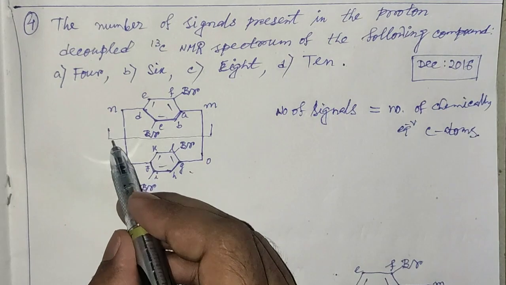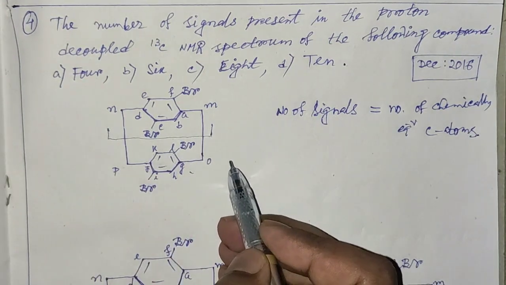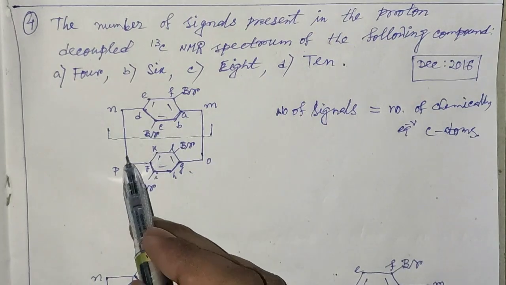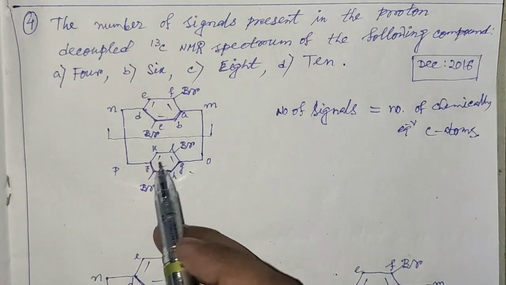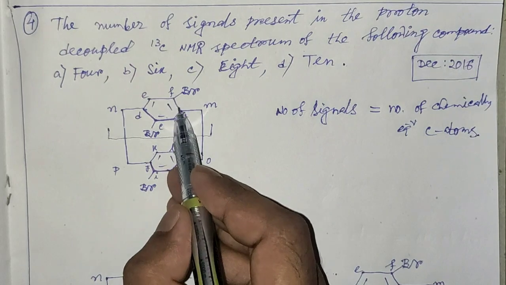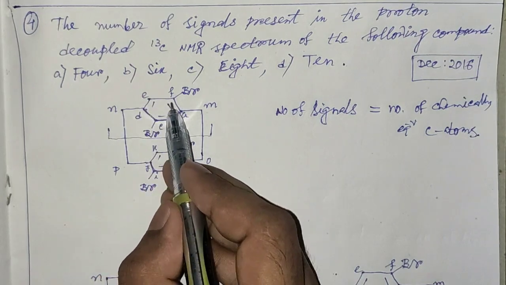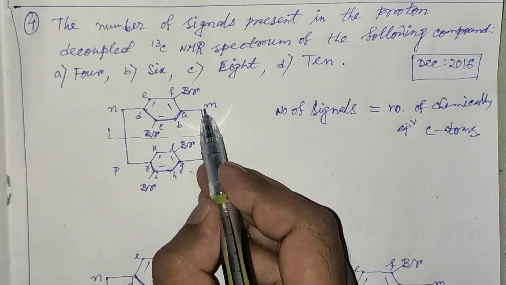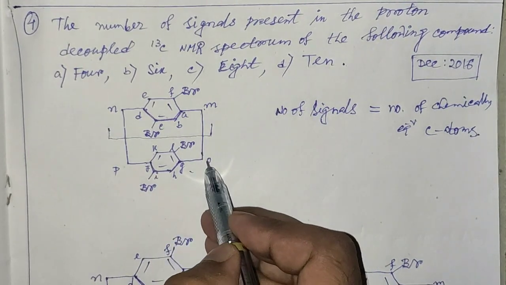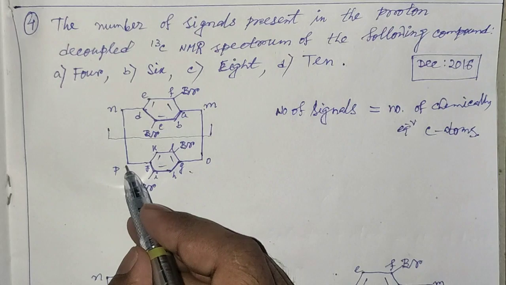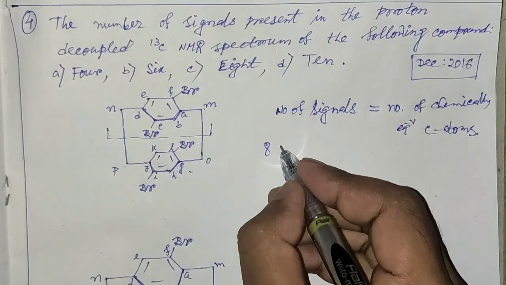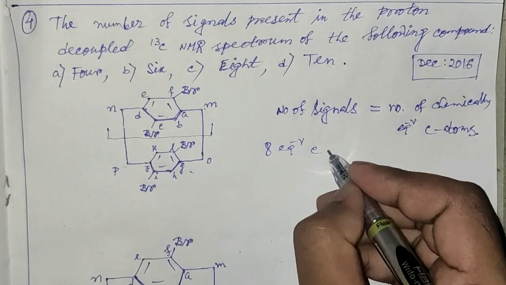According to this sigma plane we can say that the above portion is equivalent to the below portion. That means these 6 carbon atoms are equivalent to these 6 carbon atoms, and this carbon is equivalent to this carbon, and this one is equivalent to this one. That means for this sigma plane there are 8 equivalent carbon atoms.